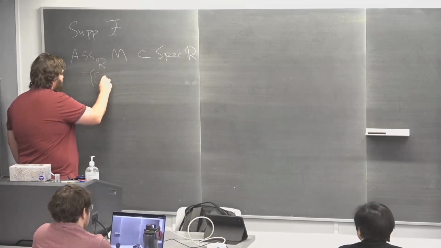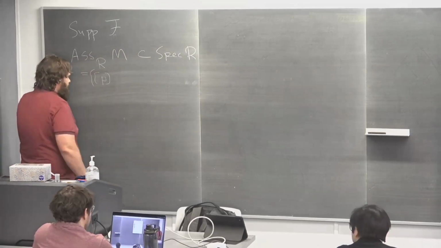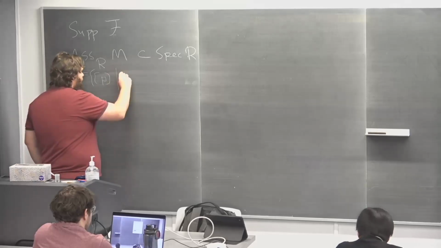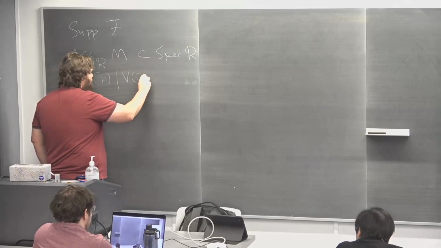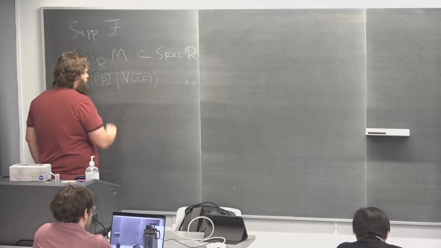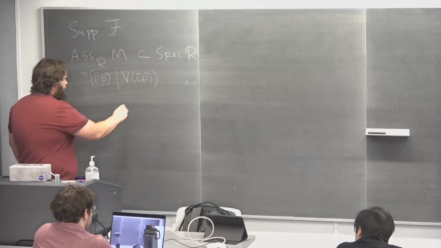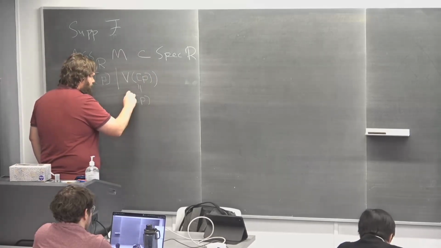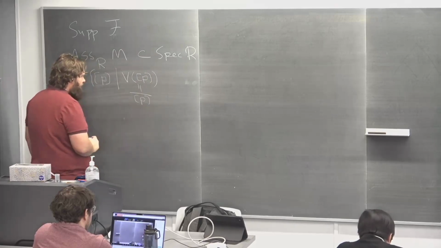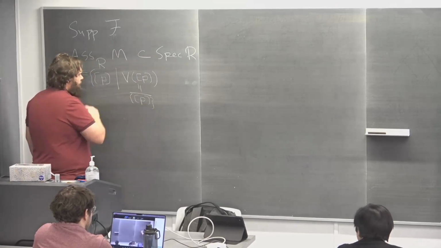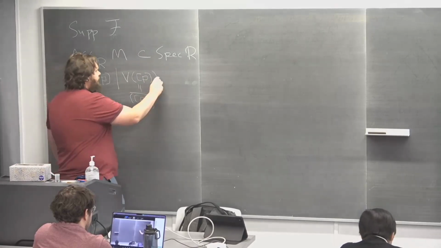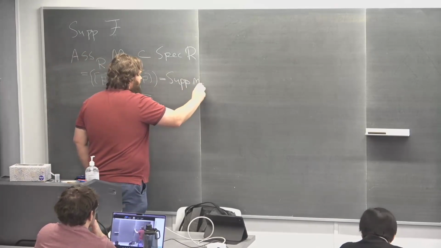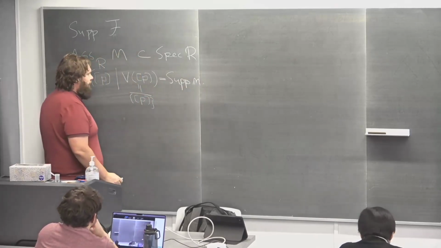I think the best one for our purposes is that it's the primes where the vanishing set of the prime, which is the same as the closure of the prime thought of as a point, is exactly the support of a single element of the module.